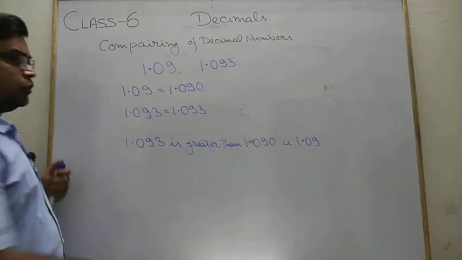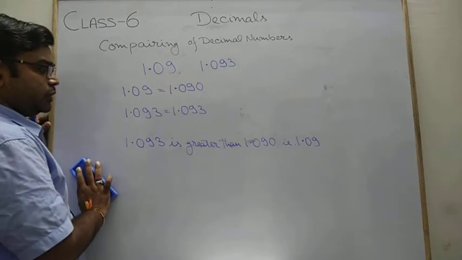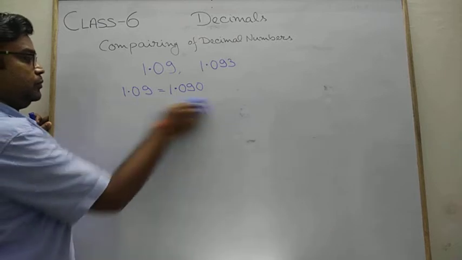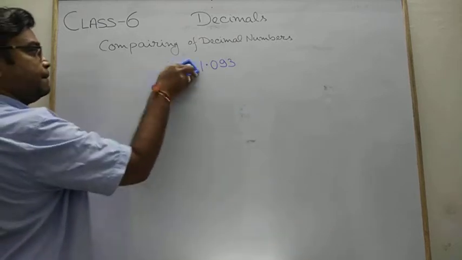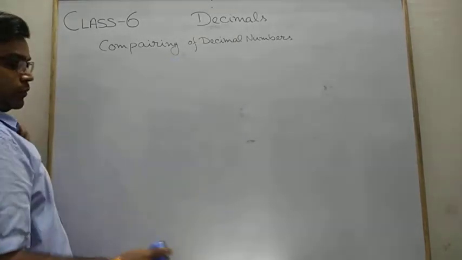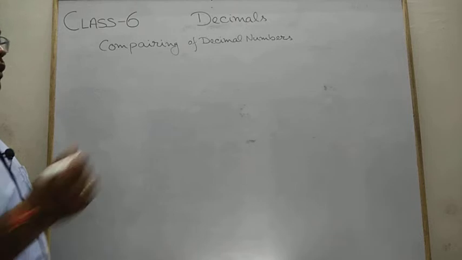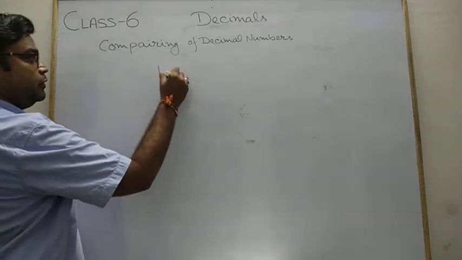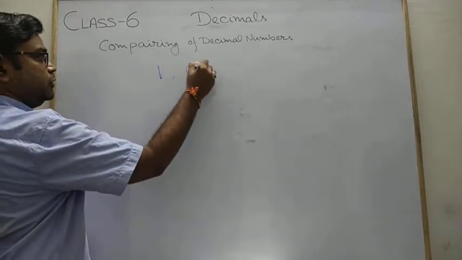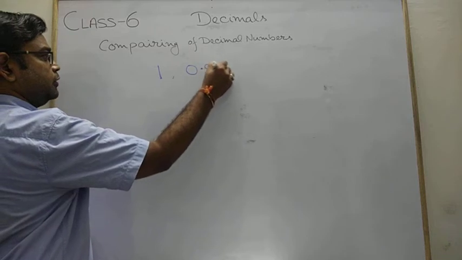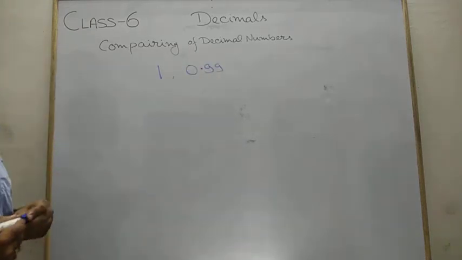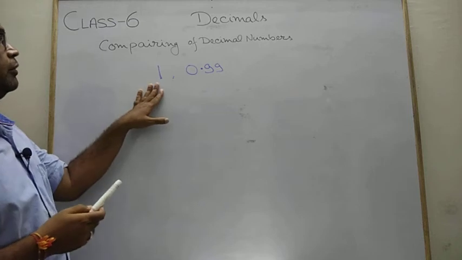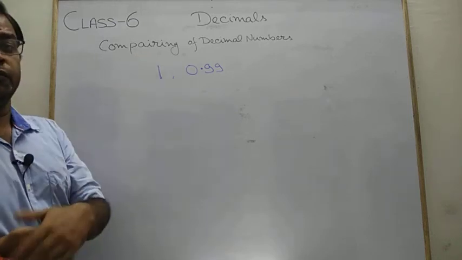One more question comes to my mind. See this side. That question is very confusing. Which one is greater, 1 or 0.99? In this case, you can easily say that 1 is greater, but you have to show how 1 is greater.